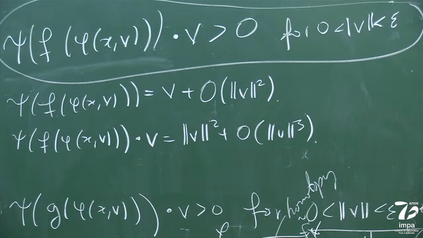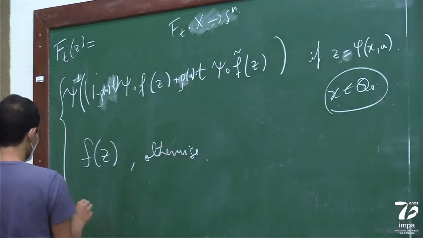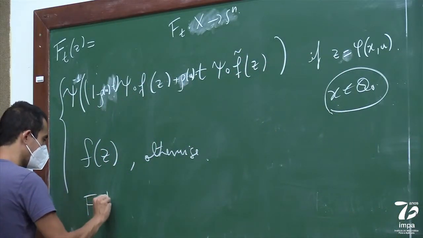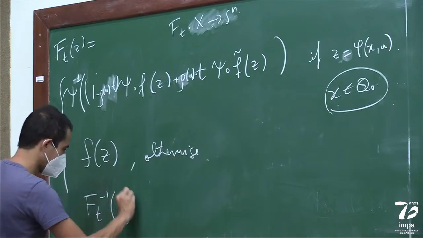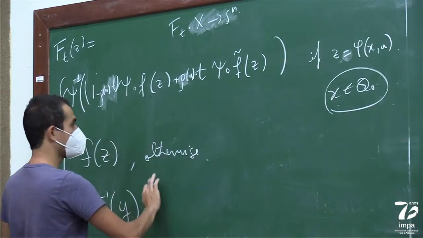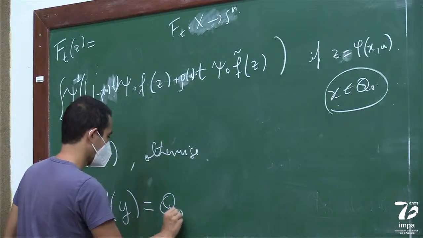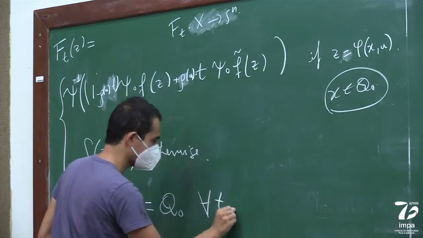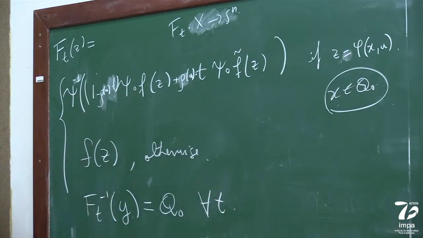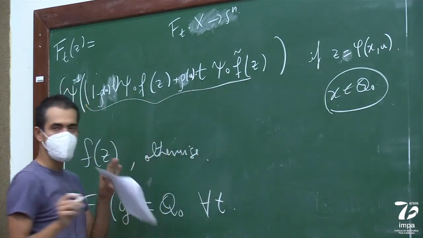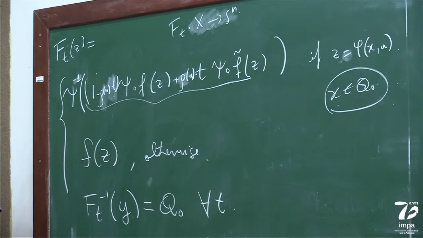So the reason I have that condition is to guarantee that ft inverse of y is always equal to q0 for every t. In other words, this guy here is only 0 exactly for that original 0 point.